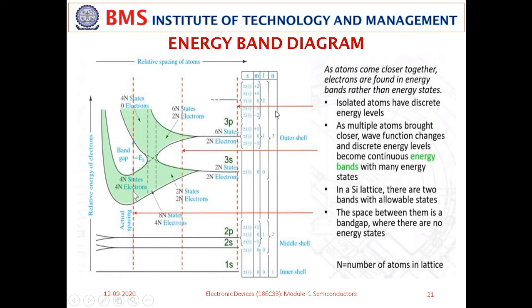Suppose n is equal to 1, and in this case m and L both are 0, and we have only 2 electrons. That means you can easily say that in the inner shell, the first energy level, only 2 electrons are rotating with opposite spin. Likewise, all electrons can be located with these numbers s, m, l and n. That's going to be helpful in locating the electrons here.